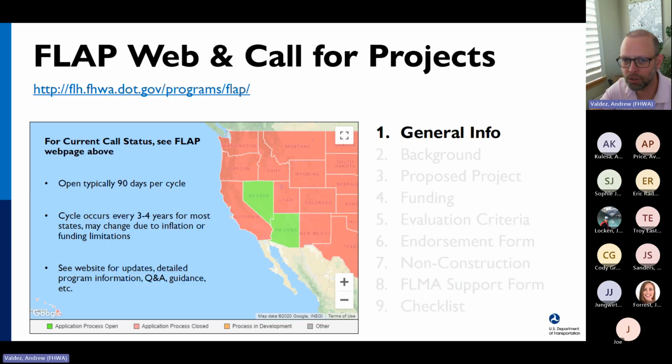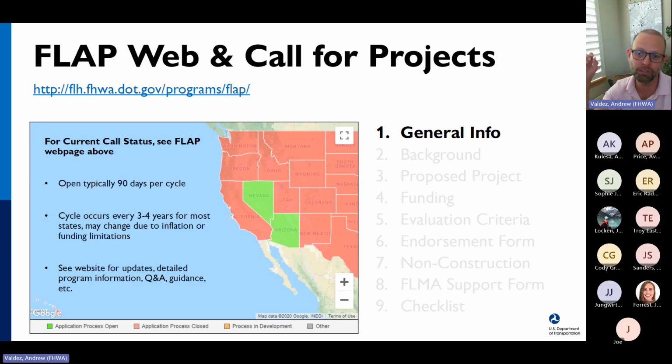All right, so now we're going to talk about the application process. The link you see at the top of the slide will take you to the main FLAP landing page. There we have a map of the United States with all the states and high-level info about the FLAP program. South Dakota has now turned green, which means the process is open and we're accepting applications.